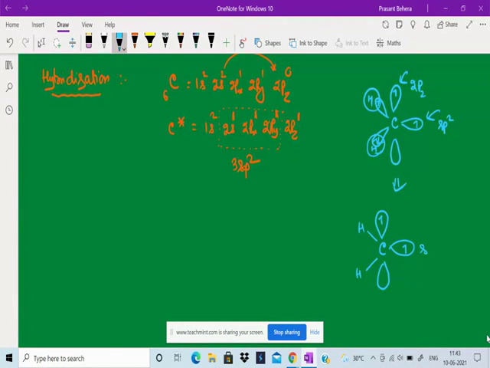But these electrons are not in the same spin. They have different spin. Suppose this one is clockwise and here is anti-clockwise. Opposite spin. That means the two electrons are in opposite spin.